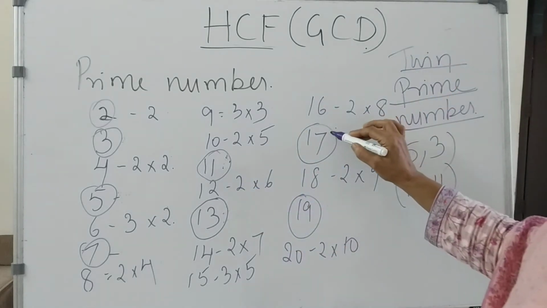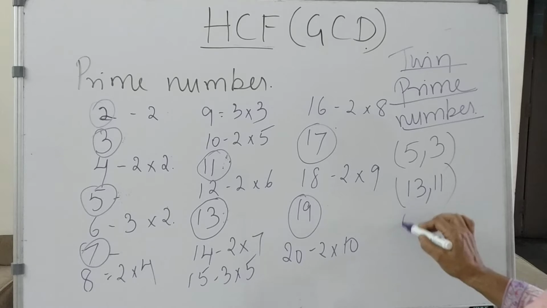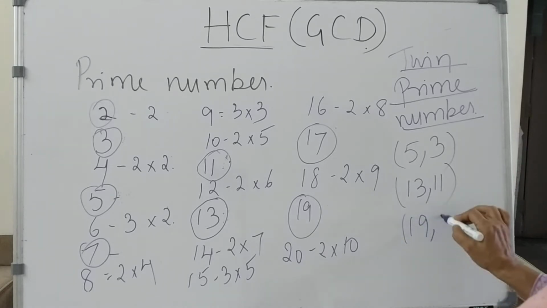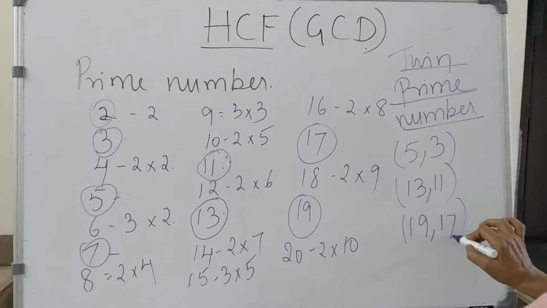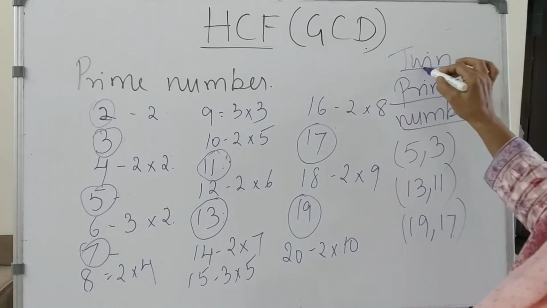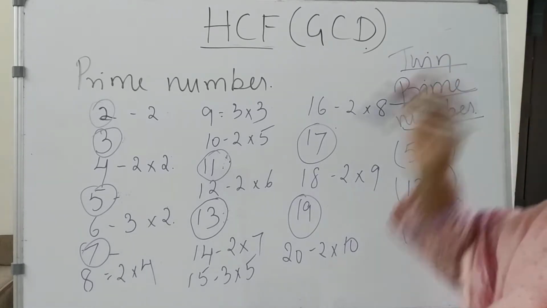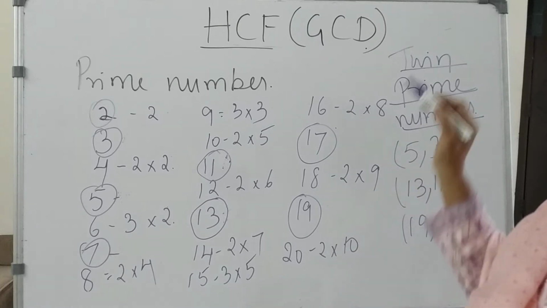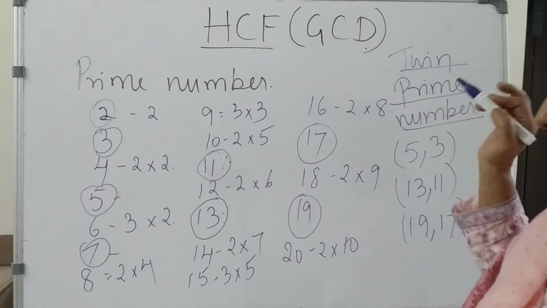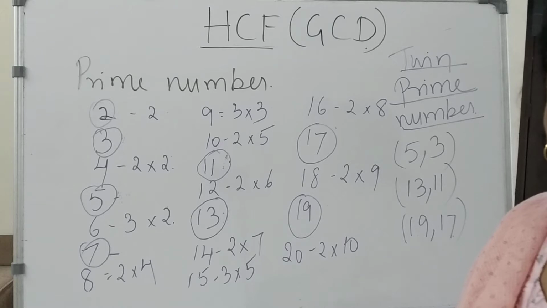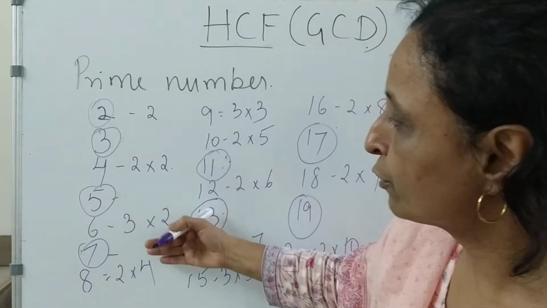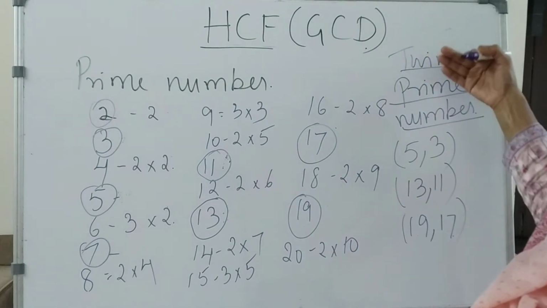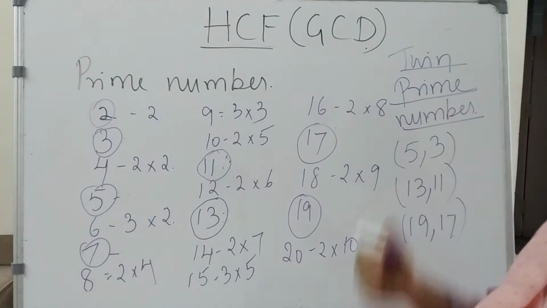Now you see 17 and 19. 19 minus 17 is 2. Therefore 19 and 17 are twin prime numbers. So this concept of prime numbers you have understood. You have understood twin prime numbers.